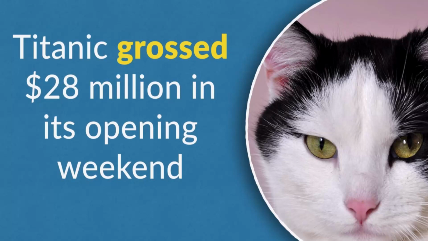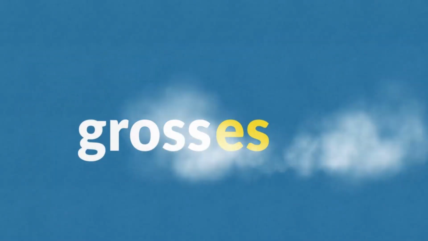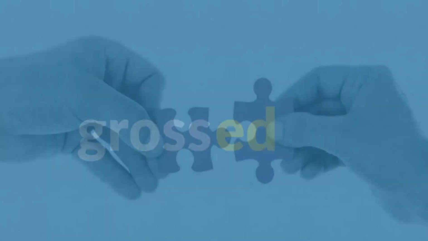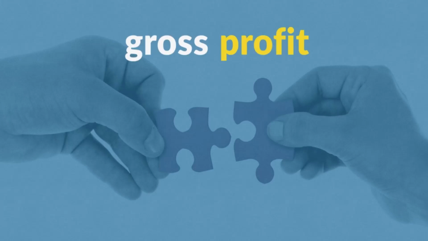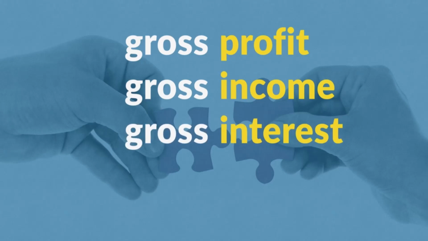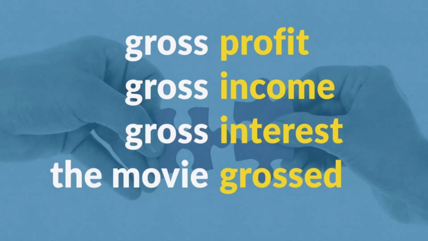It's the gross amount. So gross, as I said before, it can be used as a verb, grosses, grossing, grossed. But normally it's used as a noun or an adjective. So we talk about gross profits, gross income, gross interest. And here it's used as a verb.